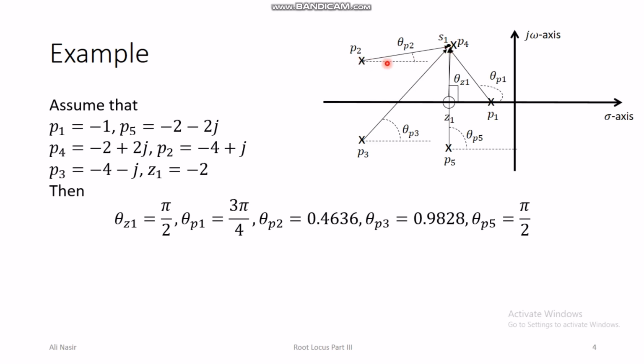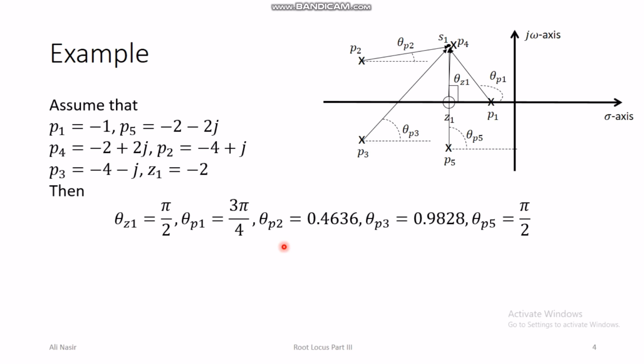So tangent inverse of 1/2 would be the angle, and that you can find as it's written here. Tangent inverse of 1/2 is 0.4636 radians. You can also verify these angles using a calculator, and so we calculate all the angles except for theta p4, and then we can calculate theta p4 using the angle condition.